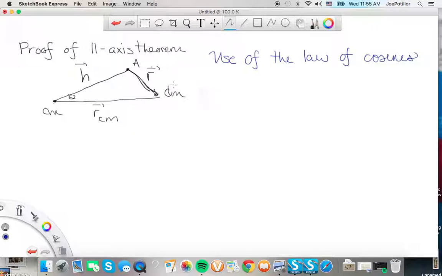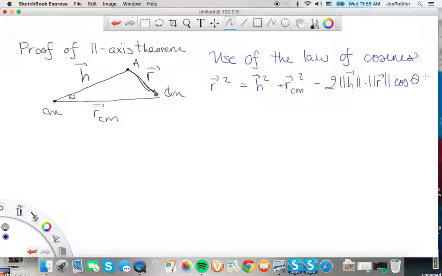So, using law of cosines, this is the angle in between h and r, and we have the side that's opposite of it. So we have r squared equals h squared plus r cm squared minus twice magnitude of h times magnitude of r times cosine of angle theta, which is the angle between them.